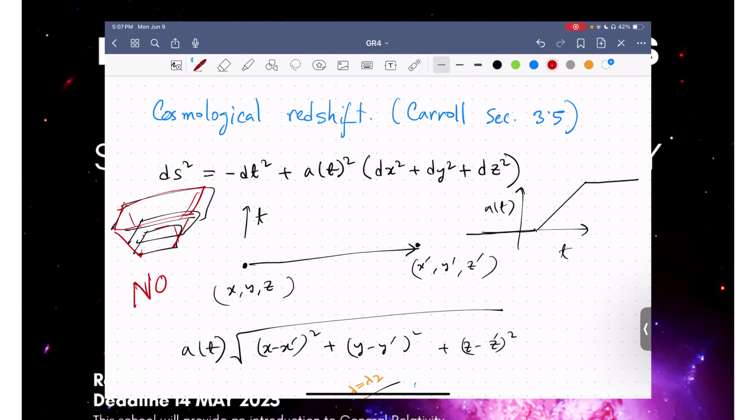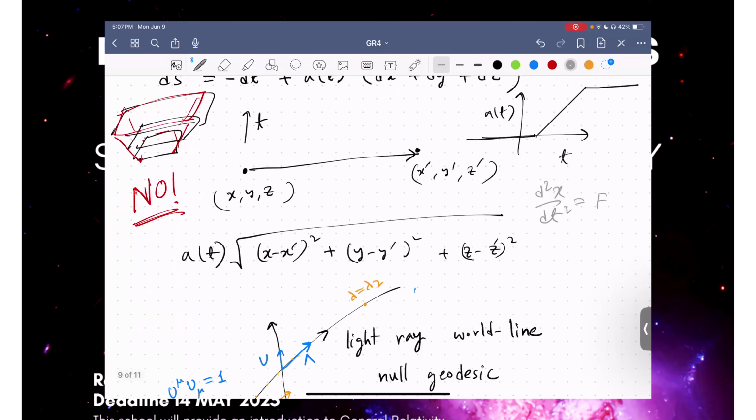The answer is no. This is not a valid spacetime as per Einstein's general relativity. What I mean by that is, recall Newton's equations. What does Newton say? Newton said that d²x/dt² equals force.